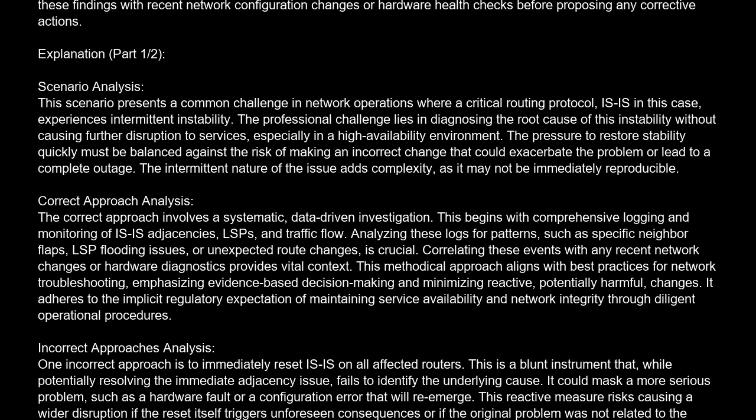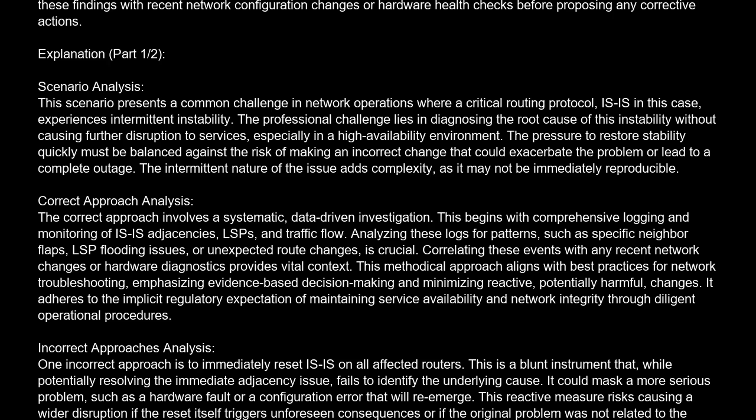Correct approach analysis. The correct approach involves a systematic, data-driven investigation. This begins with comprehensive logging and monitoring of IS-IS adjacencies, LSPs, and traffic flow. Analyzing these logs for patterns, such as specific neighbor flaps, LSP flooding issues, or unexpected route changes, is crucial.